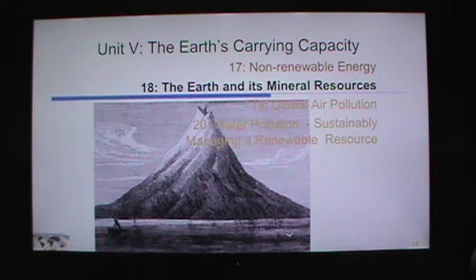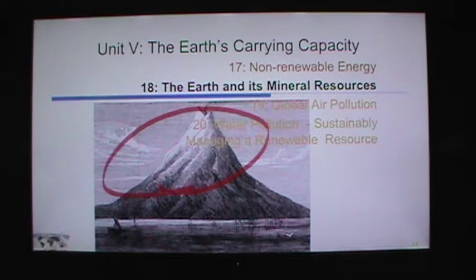This rather large, imposing structure here, this volcano, is actually Krakatoa. This is a lithograph published in Harper's Weekly in August 1883, probably the last image of this mountain as it stood at the time.